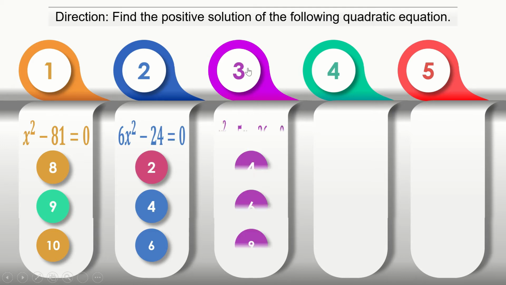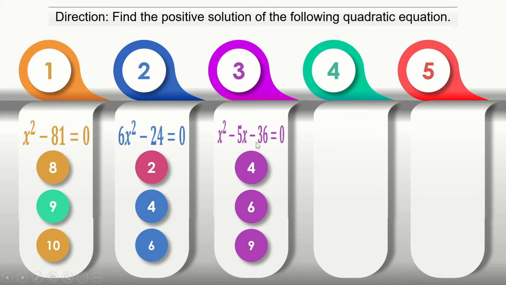Let us have example 3. x squared minus 5x minus 36 is equal to 0. Equation in number 3 is a trinomial. So meaning, we can't use extracting square roots this time. Instead, let's use factoring. What is the factor of negative 36 that if you find their sum, the answer will be negative 5?